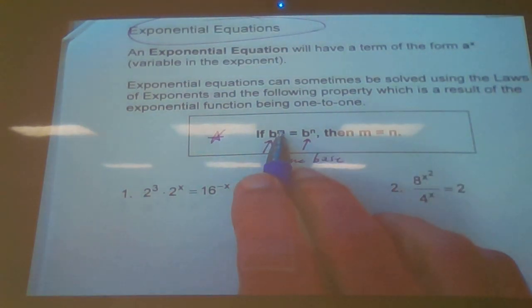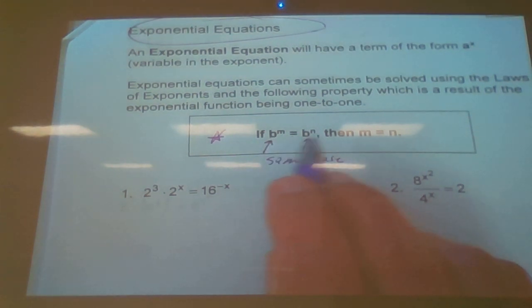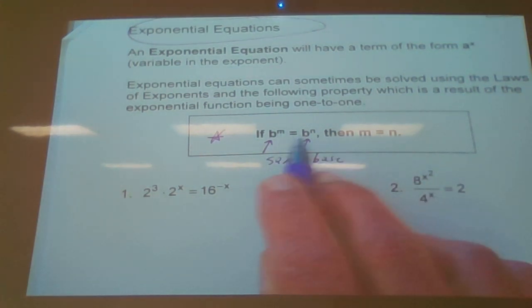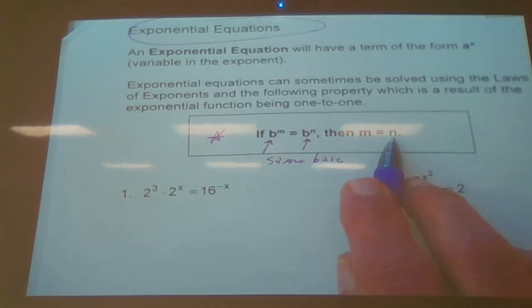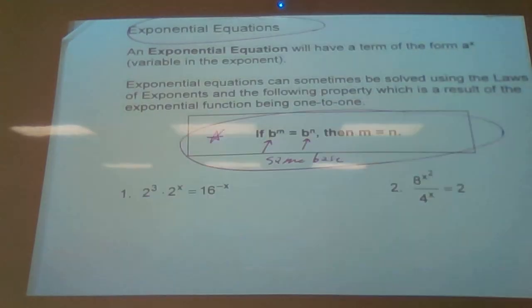B to the m is equal to b to the n, same base b with an equal sign in between. The algebra says then m must be equal to n. So this is what we're going to use right here. And the key is the same base.